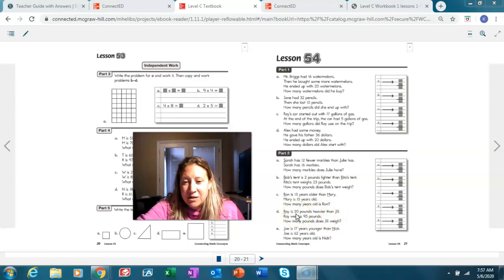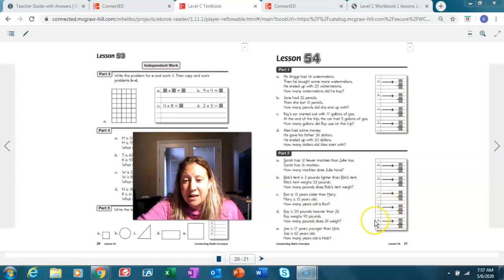Add it to the family. Reread the sentence. Ray is heavier than Jill. Add R and J to the family. R is the big number and J is the small number.